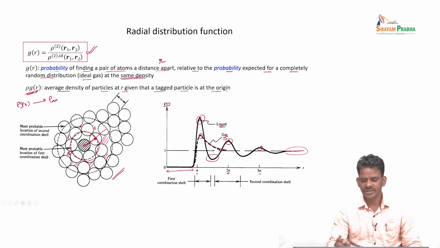These are important because when you do a simulation and calculate g of r, by looking at whether the behavior is like this or like this, you can identify whether you are simulating a liquid-like state or a gas-like state. So g of r provides rich information about the phase of the matter.